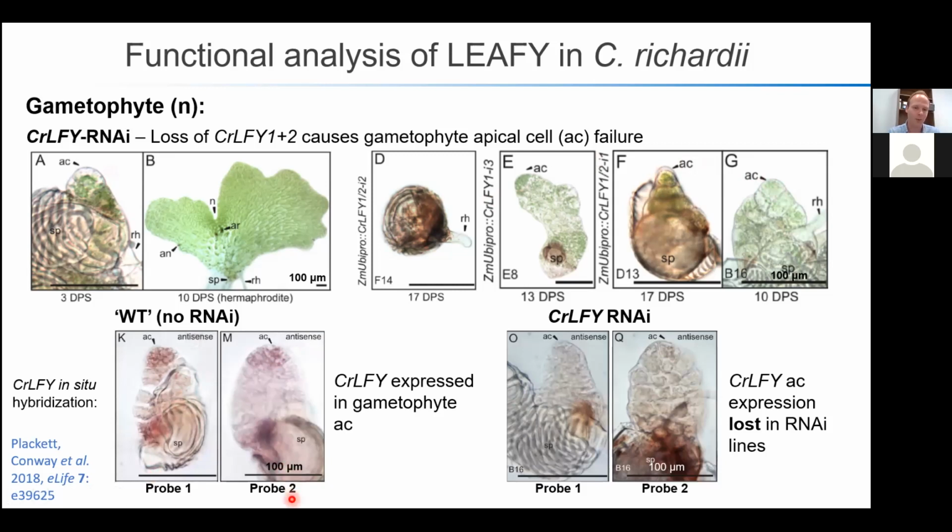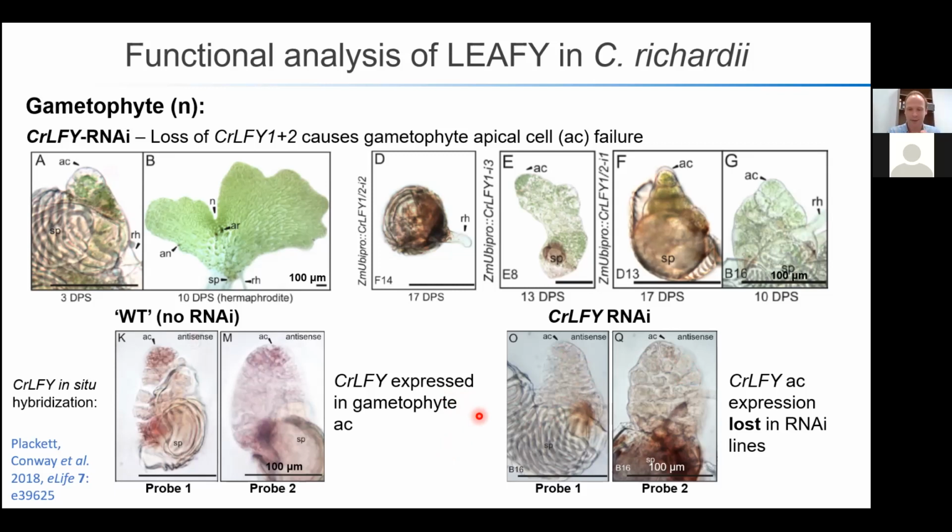And what we're seeing here in recently germinated spores is this darker area, which indicates that there is LEAFY RNA present in these apical cells and the couple of cells just surrounding it. And when Steph also looked in our RNAi lines, she found no evidence for that. So this is strongly suggesting that, yep, Ceratopteris LEAFY is expressed in those gametophyte apical cells, similar to what we see in Physcomitrium.